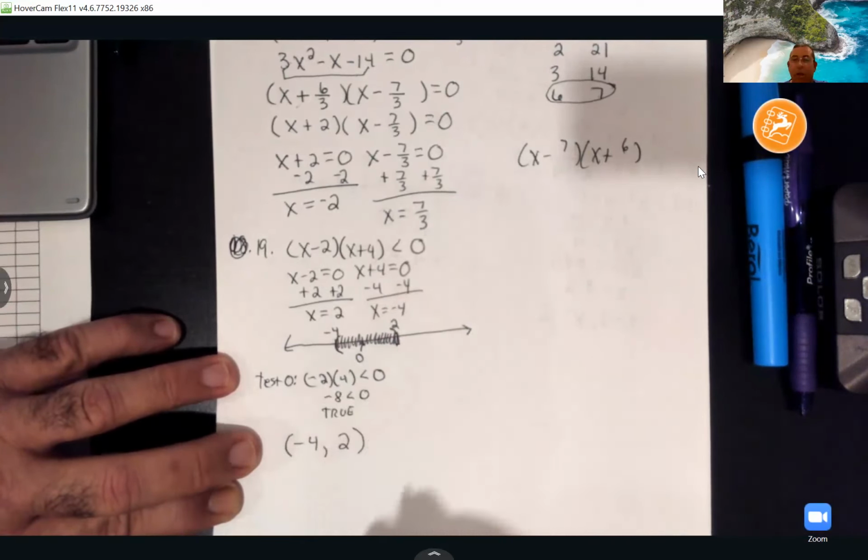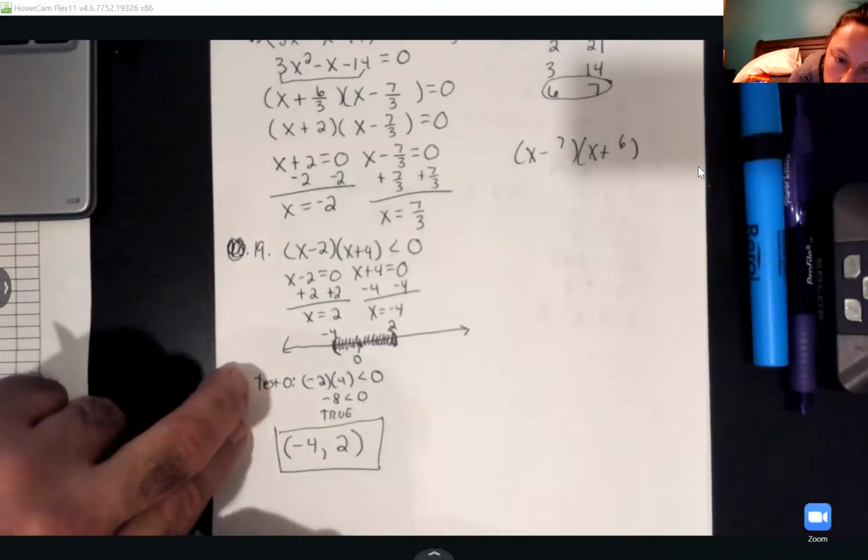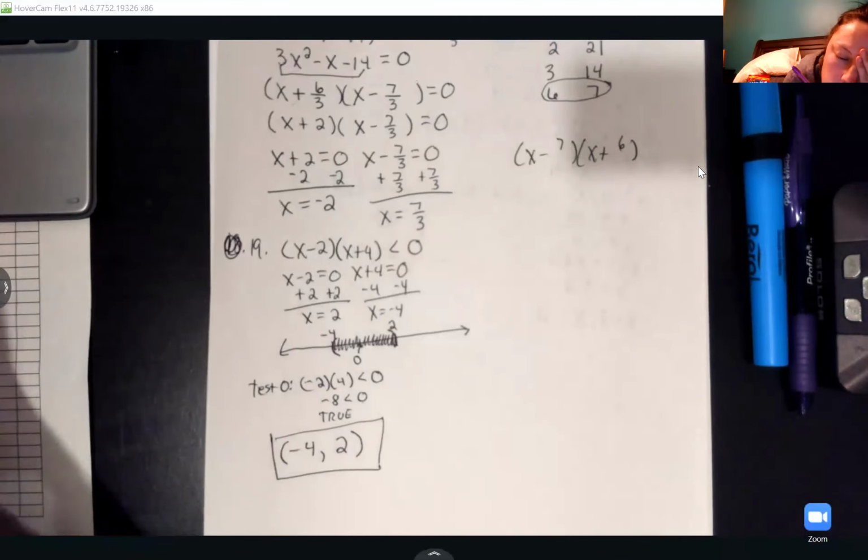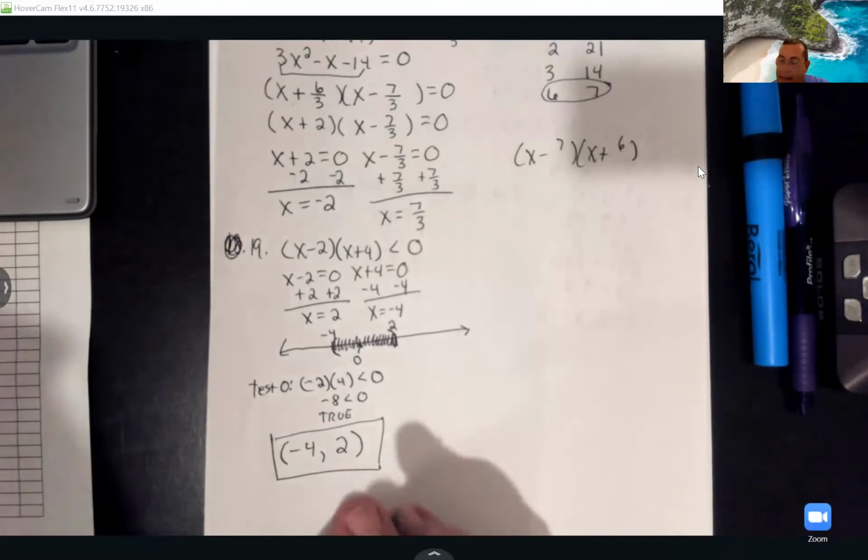Right there. So they didn't give you the number line; I'm just using this to test my numbers and then write it in interval notation. And for this one, you can't flip-flop them, because otherwise you'll get it wrong. Exactly. They have to go in order.